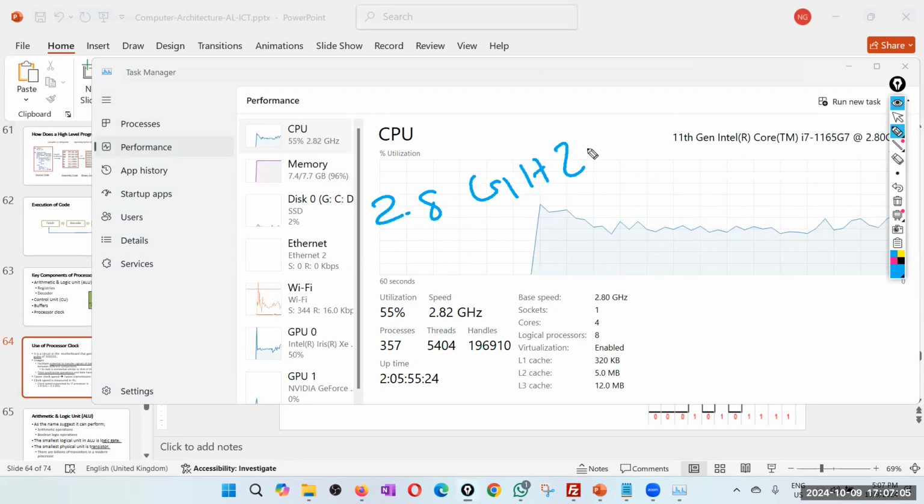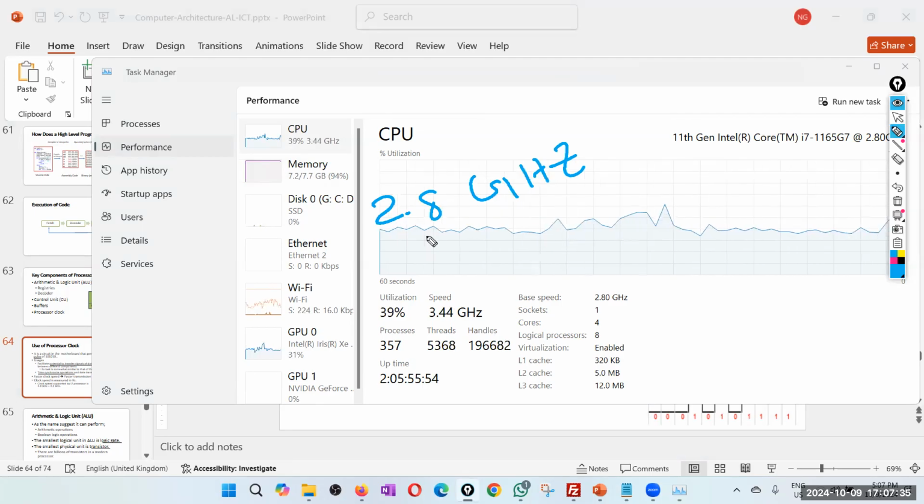Gigahertz. So what does it mean? This is not bit, right? This is not bit or byte. In bit and byte, kilo means 2 to the power 10, mega means 2 to the power 20, giga means 2 to the power 30. That is only when you work with byte. Just remember that, okay? So only when you work with bytes, kilo is 2 to the power 10 or 1024, mega is 1024 times 1024, 2 to the power 20, and so on.